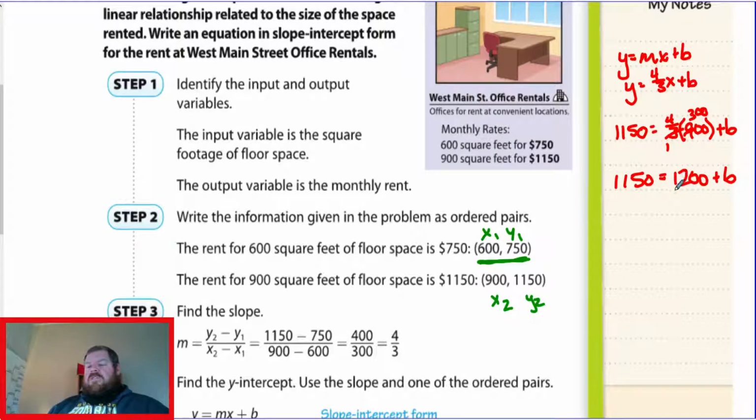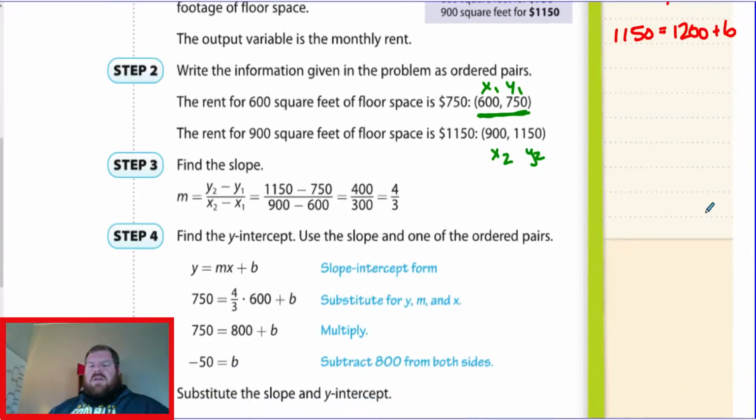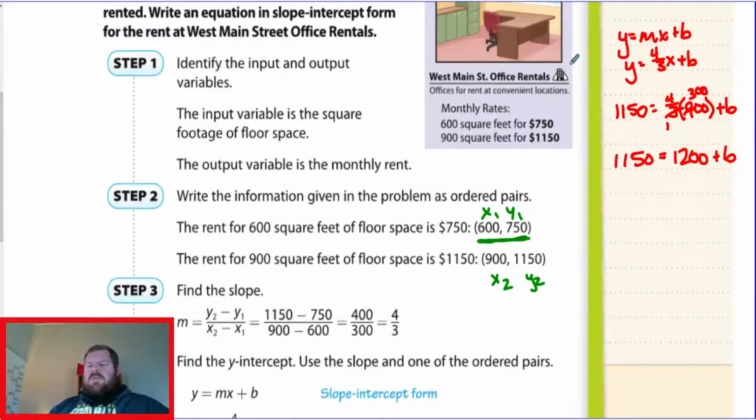And now to solve for b, I do need to subtract the 1200 from both sides. Just making sure that we're getting consistent results. So when I subtract 1200 from 1150, it gives me negative 50. Subtracting 1200 from 1200 gives me 0.